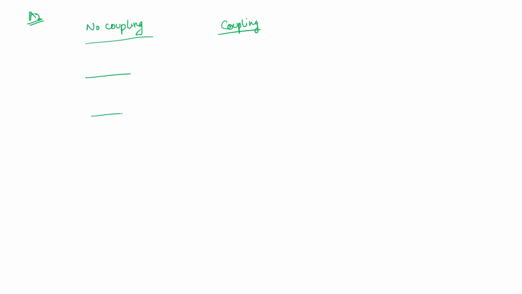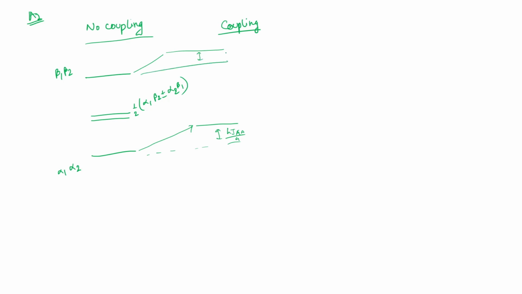So there was degeneracy here, beta 1 beta 2, alpha 1 alpha 2, here there was 1 by root 2 alpha 1 beta 2 plus minus alpha 2 beta 1, and what has happened is these two cases again go up by h by 4, these also go up by the same factor, that h, destabilize.